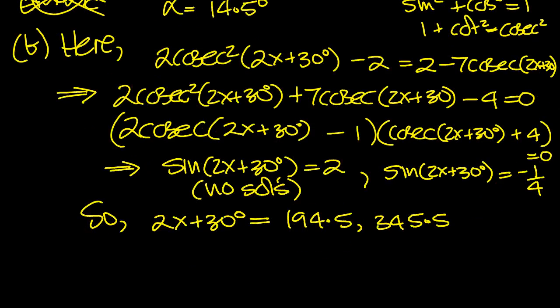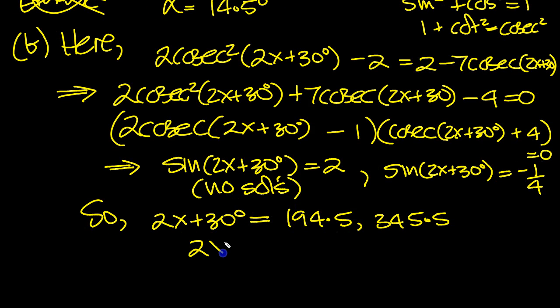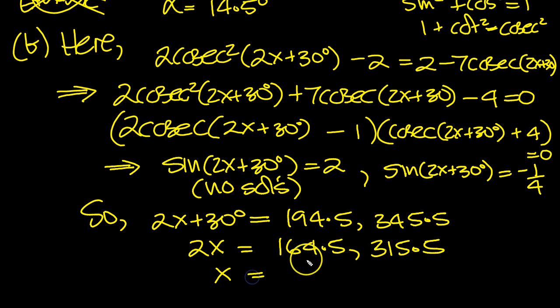Take away 30 both sides, so we get 2x equals 164.5 and 315.5. Now for x we divide by 2, which would give us 82.3 and 157.75, which would be 157.8 degrees.